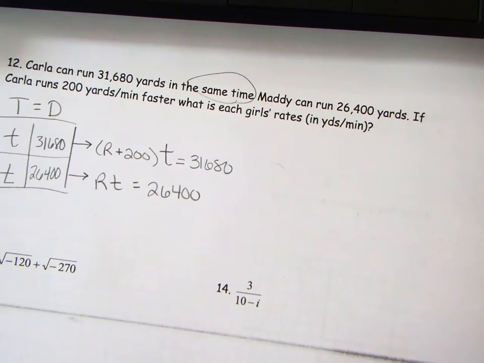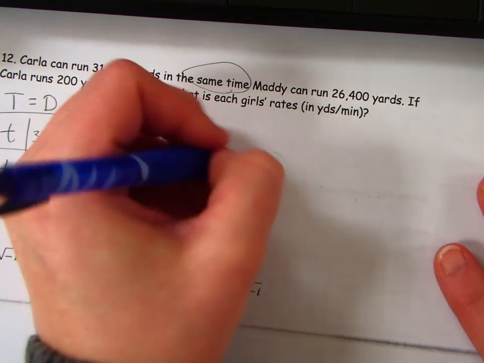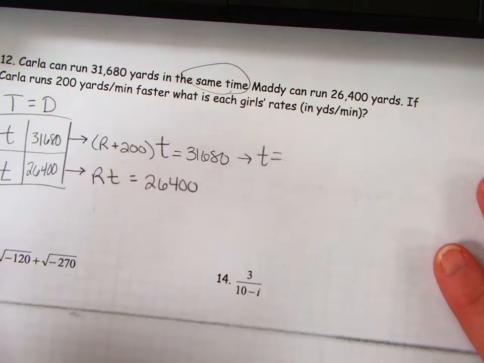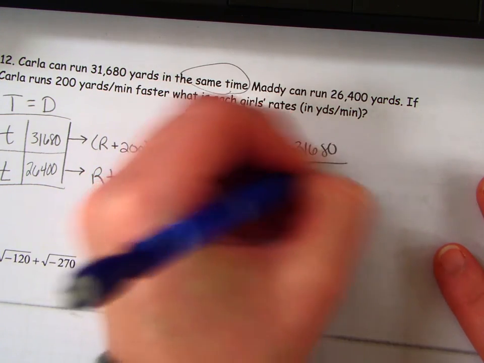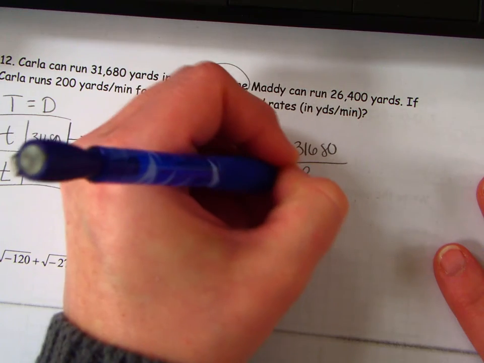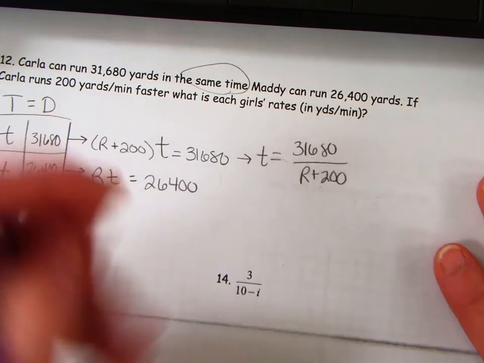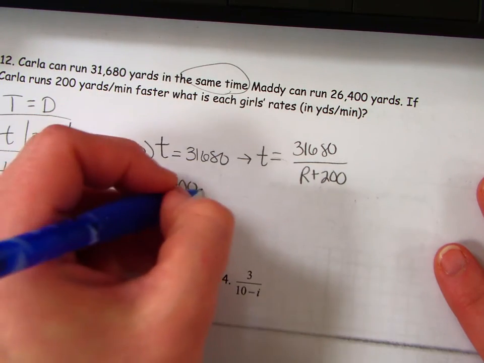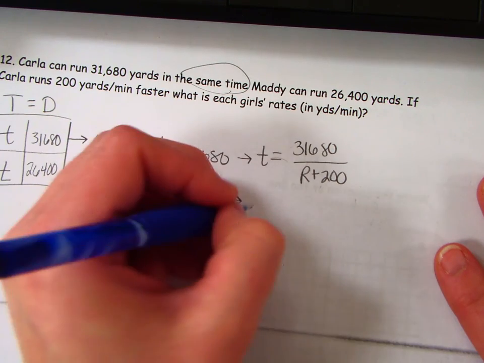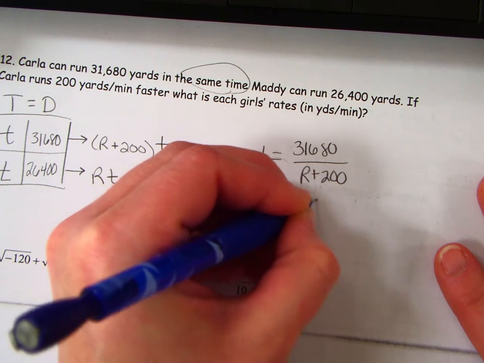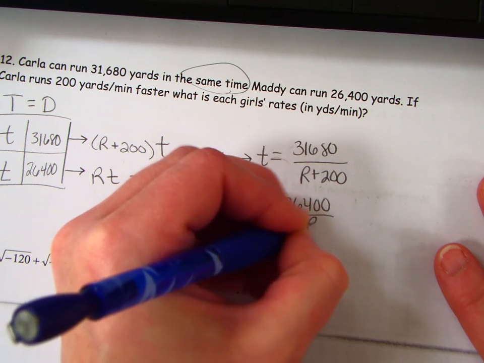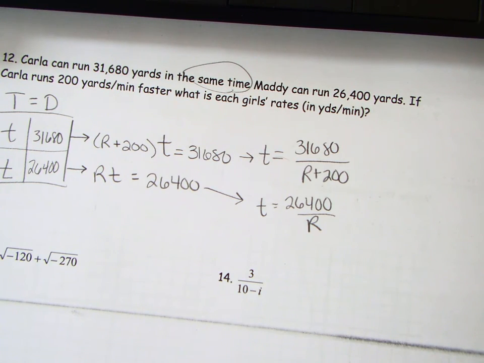Now we're going to get the t's by themselves in each equation by dividing the r items over to the other side. Now that they both equal t, we'll set them equal to each other and do the common denominator thing as we have in the past.